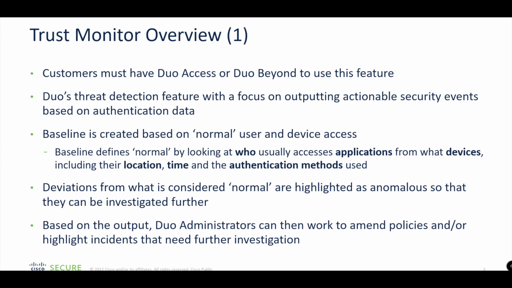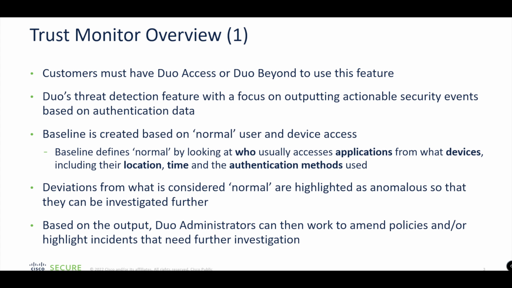The baseline is created based on what is considered normal user and device access behavior, and the baseline defines normal by looking at who usually accesses the applications that are protected, the devices that they're accessing those applications from, and including their location and time in which they are trying to access that protected application.